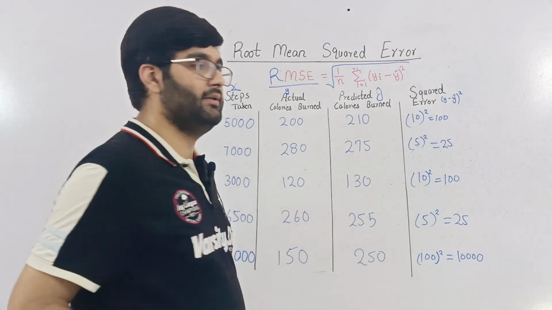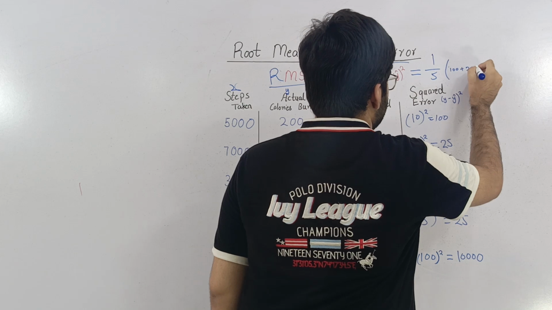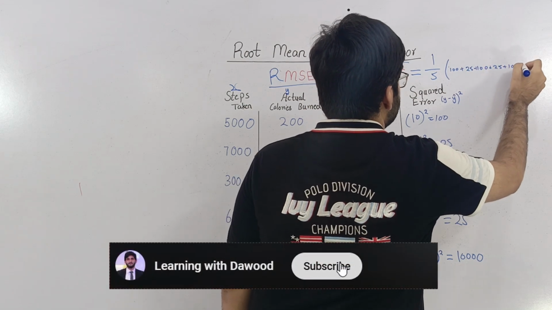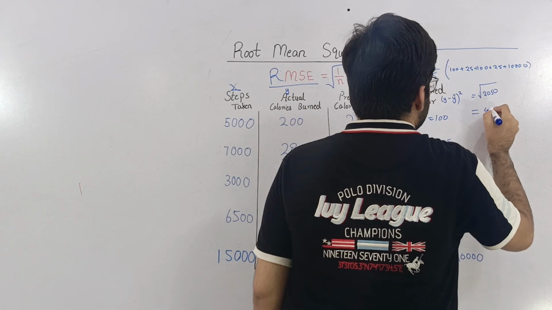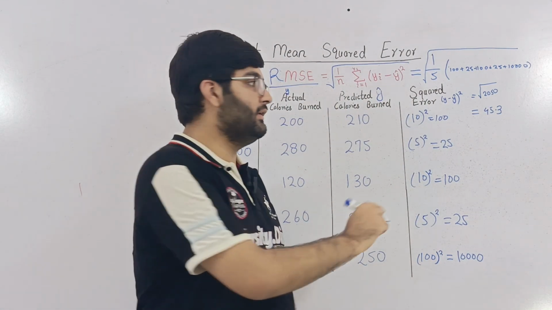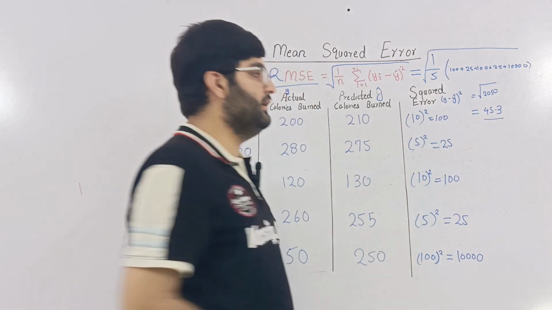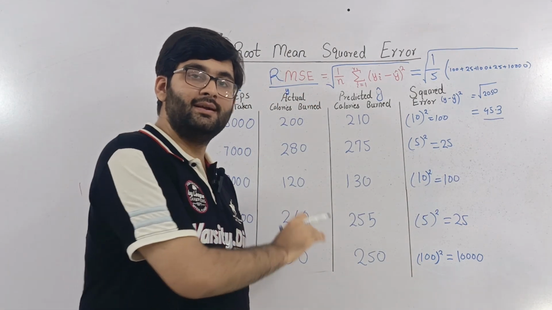Let me calculate it. So the resulting error is 45.3, which is within the limits or the scale of our data.